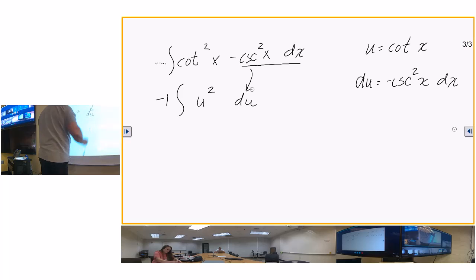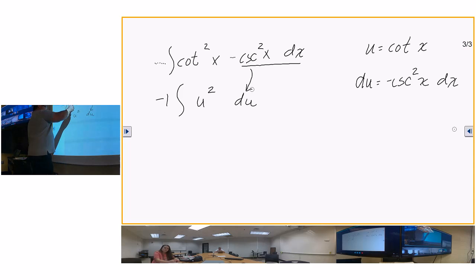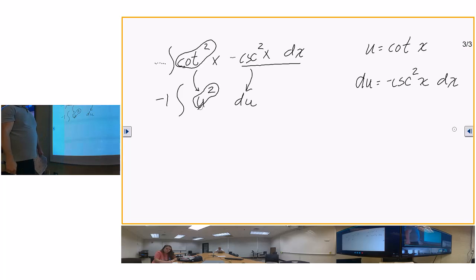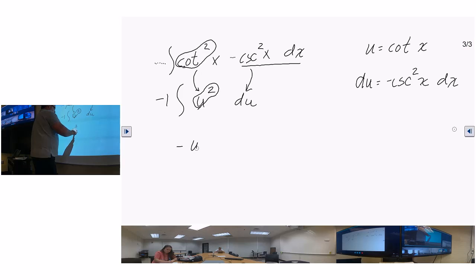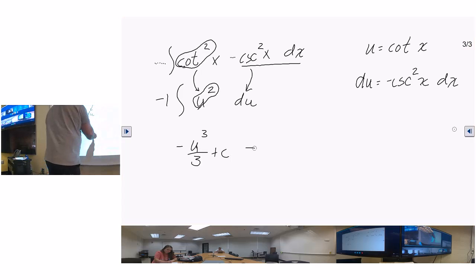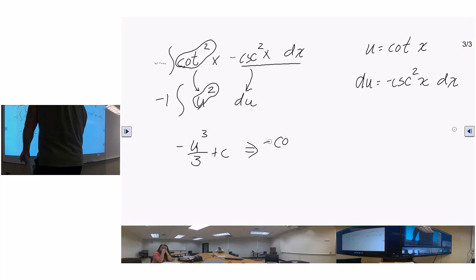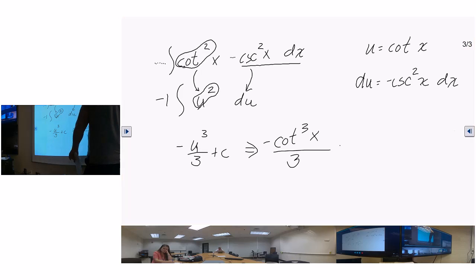There's du. And this is u squared. And now you just do negative u to the third over 3 plus c, which turns into negative cotangent cubed x over 3 plus c.